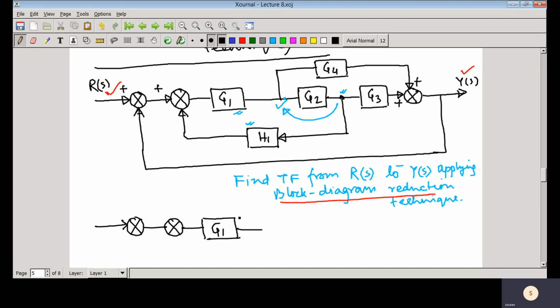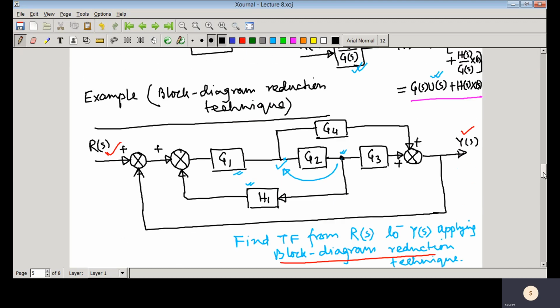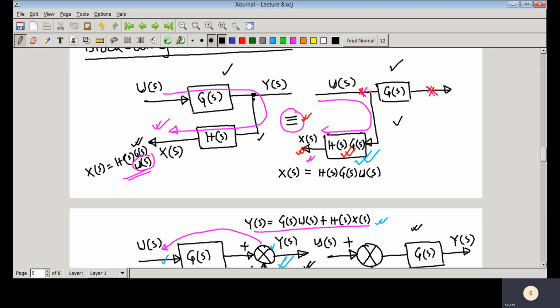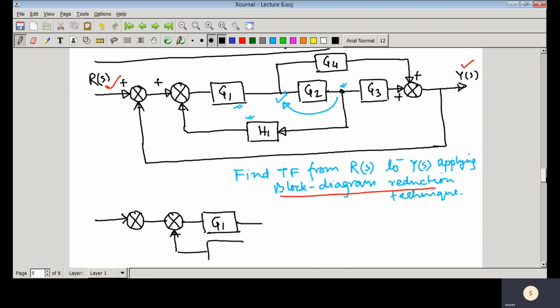Now we are going to change the position of that tapping point. Whenever you change the position of the tapping point from here to here, you have seen that you'll have a product.